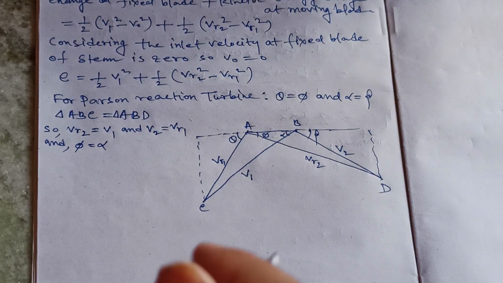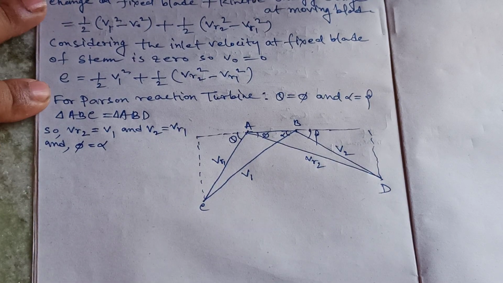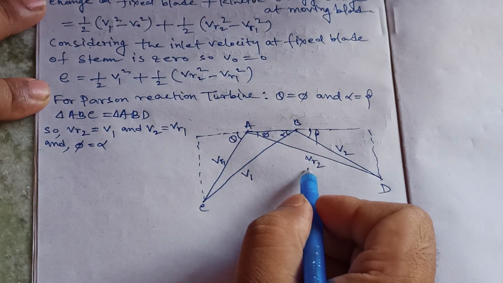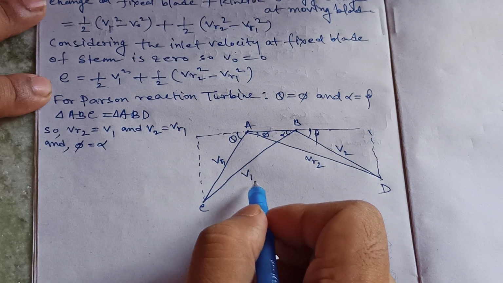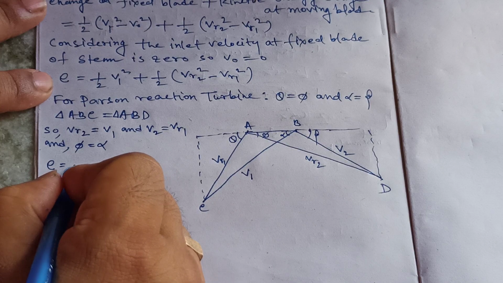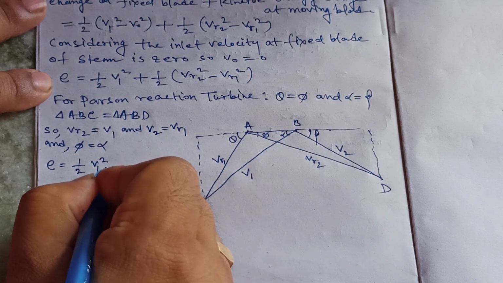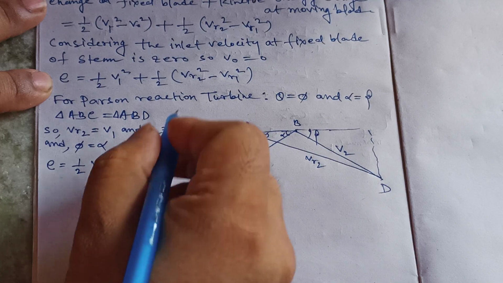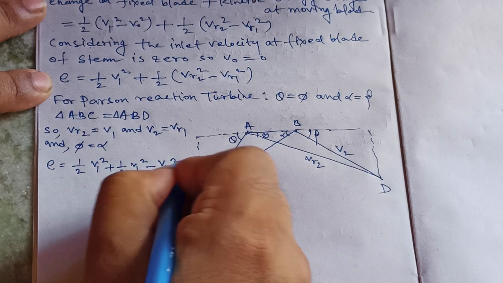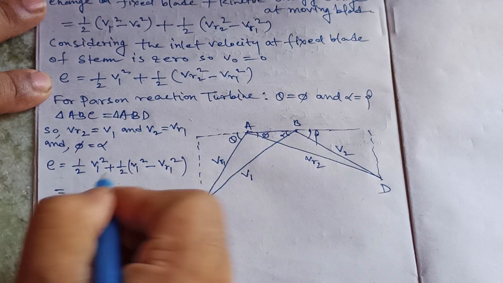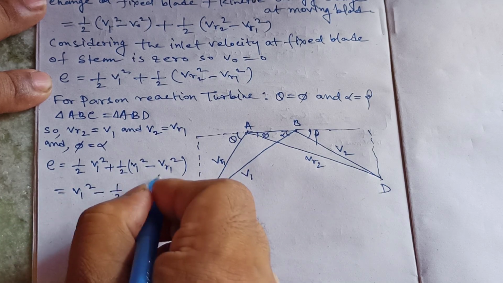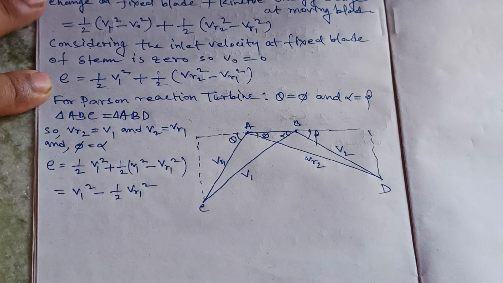Okay. Now for this triangle we can see that VR2 equals to V1. So as VR2 equals to V1, we can find this small e equals to half V1 square plus half V1 square minus VR1 square. We can write this value is V1 square minus half VR1 square. Okay.